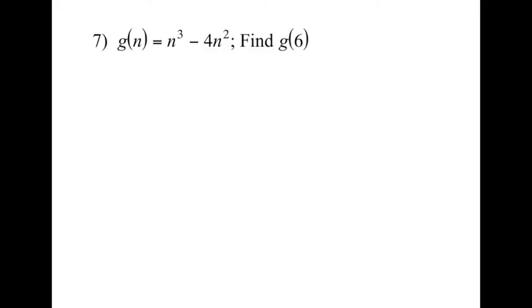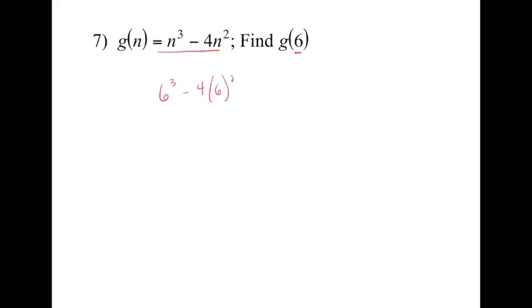All right. So the first thing we did is we did evaluate. Evaluate literally means plug it in and solve. Plug it in and solve. So for this one, they have given us the function, and they have given us what we want to plug in. So you are going to say 6 cubed minus 4 times 6 squared.